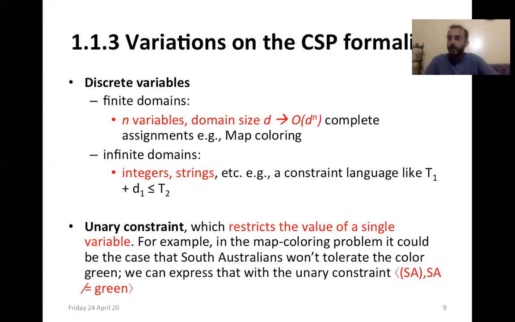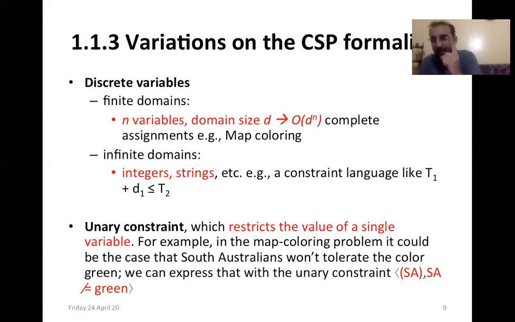So finite domains are those in which you have a finite number of variables and finite number of domain values. The part highlighted in red is not an example, but additional information, that if you have finite domains, then you can use this simple formula to calculate your complete assignments. And complete assignment is what I told you earlier: the total number of assignments.